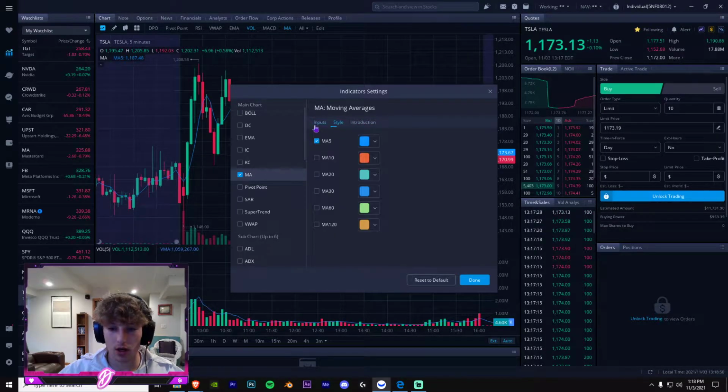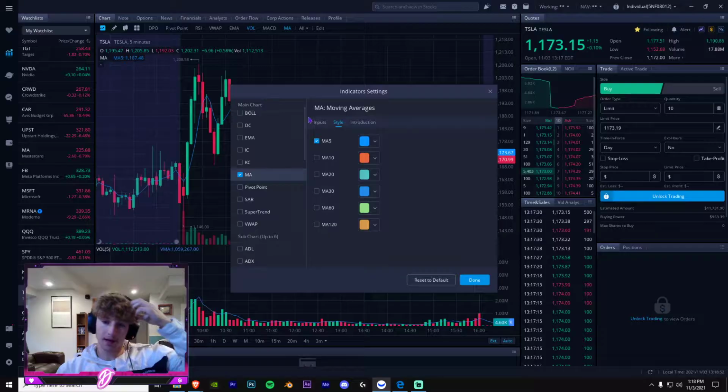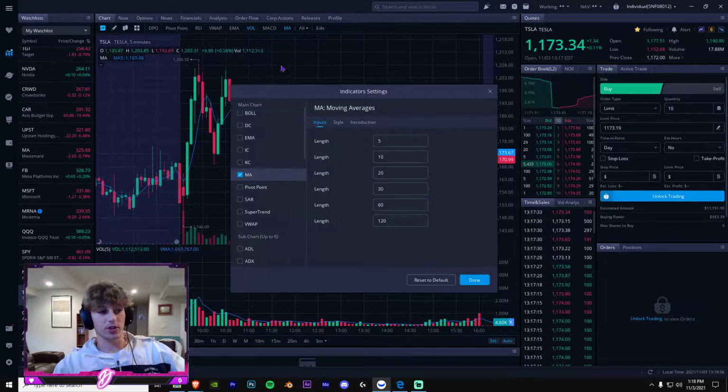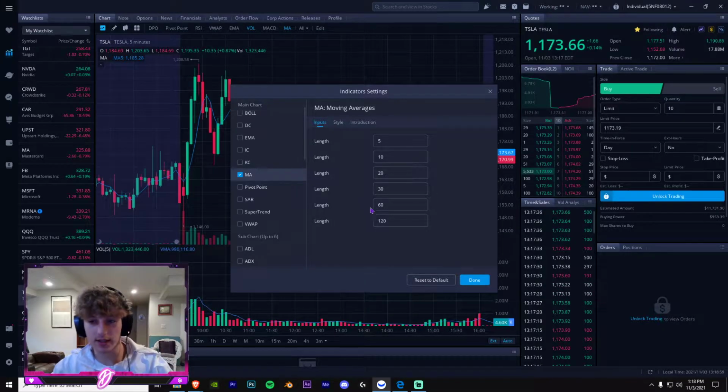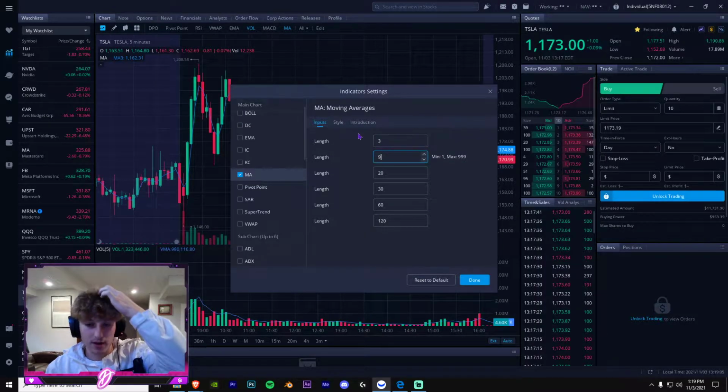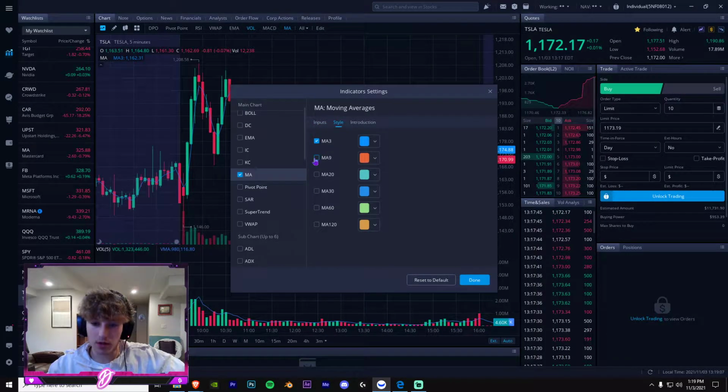Right now I only have the MA5 checked, but there are multiple different moving averages you can use, and it depends on if you're a scalper or a day trader. If you are a scalper, you should use the 3 and 9 moving average, and I'll explain in a minute why. So I just put in the 3 and 9. The 3 would be the blue line, and the 9 would be the orange line.